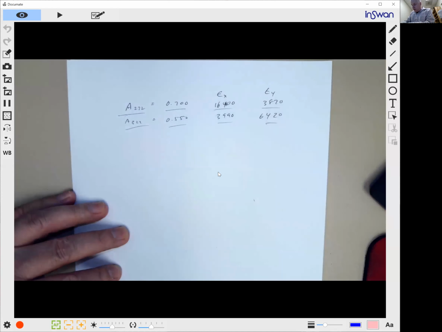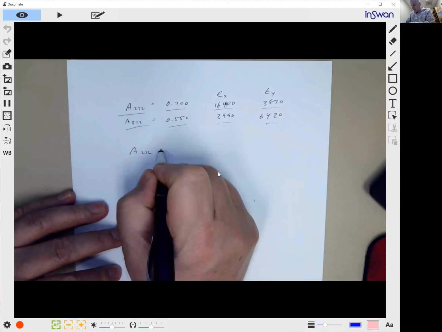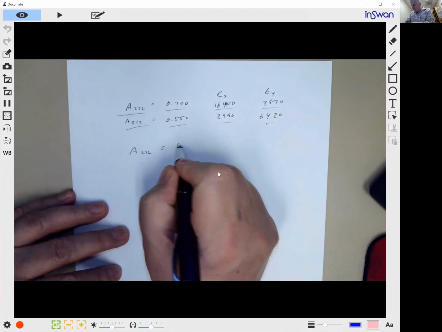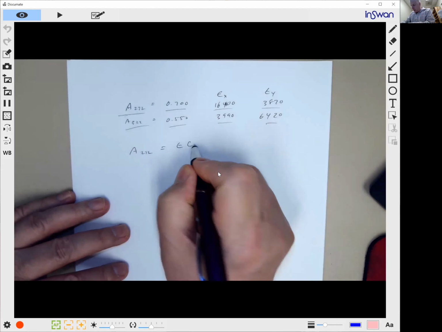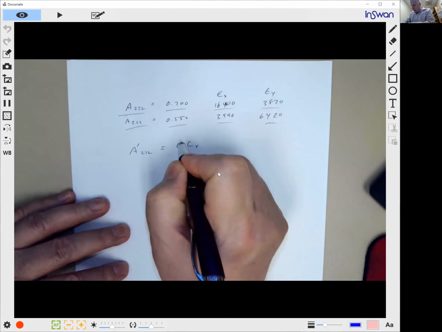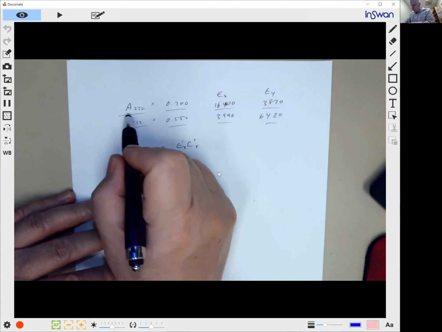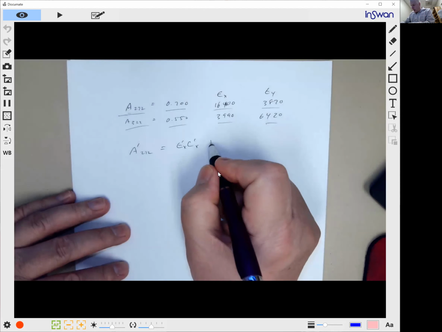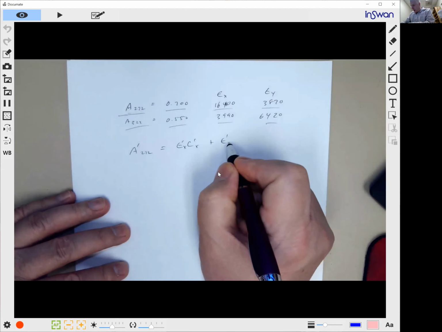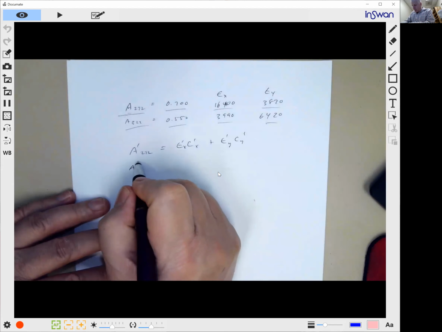So the actual equations are: A at 272 is equal to epsilon x times cx, and we'll call this prime because this is the 272, plus epsilon prime y, cy prime.